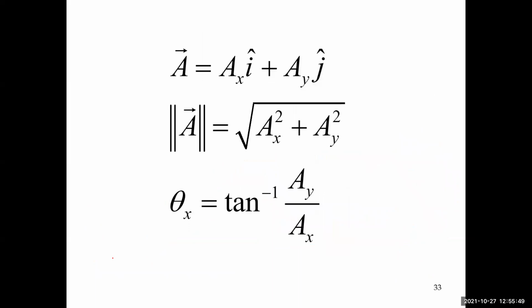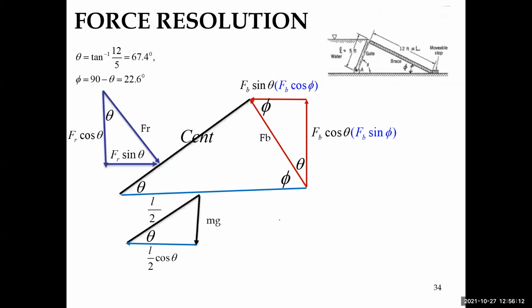So we have A_X and A_Y. Of course, A is a vector. We can determine the magnitude of that force and also determine the angle theta that the force makes with the x-axis. And these are all standard equations from static equilibrium.